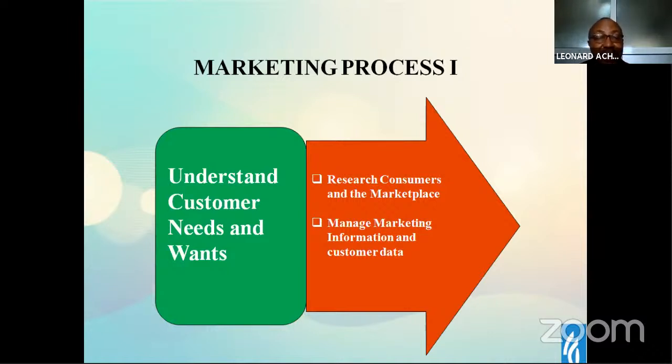This information needs to be managed to be able to analyze and interpret, to come to a conclusion on what the customer's needs and wants are. So these are the things that are involved in marketing process one.